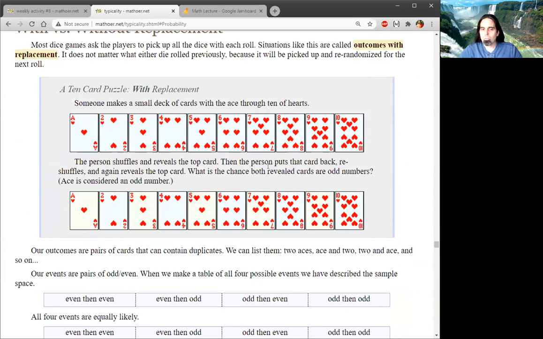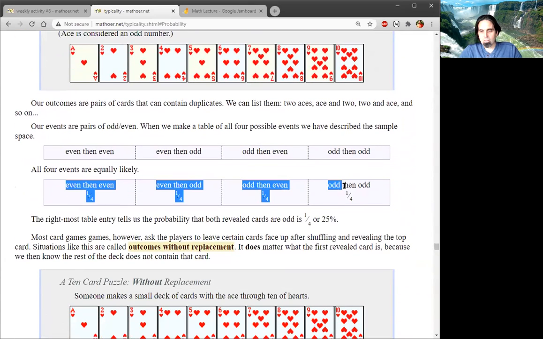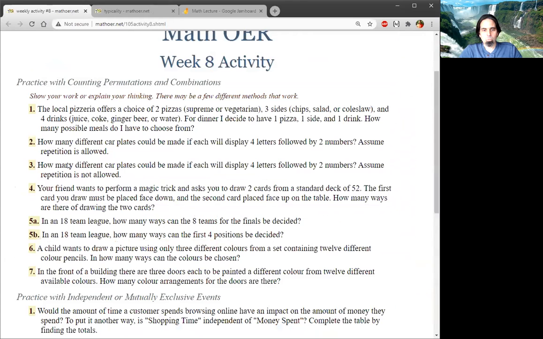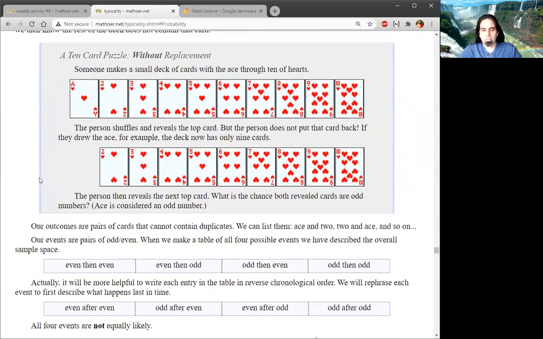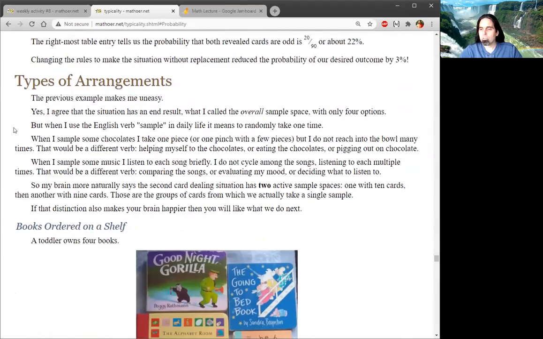Drawing out 2 and 3, 2 and 4, 2 and 5, that would take too long. Instead, I just drew the 4 different events that I cared about and talked my way through it. But there are certainly problems where I don't even want to draw all the different events. There's just too many combinations. So what can I do when drawing tables is not the right thing? So, ready to figure that out?